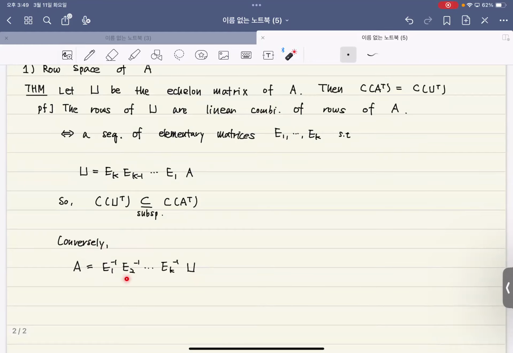So what do you know from this equality? If the first equality means that every row of U is a linear combination of rows of A, then this opposite equation implies that every row of A can be written as a linear combination of rows of U. So C of A transpose is C of U transpose.